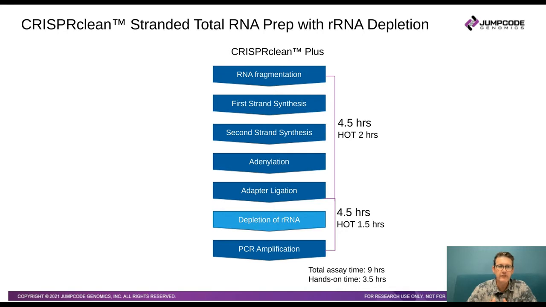It's really seamless integration, makes the library prep extremely easy. The hands-on time total is only 1.5 hours for this additional step, and really allows a competent tech to be able to move through the library process and depletion with numerous sample types within about a day and a half.